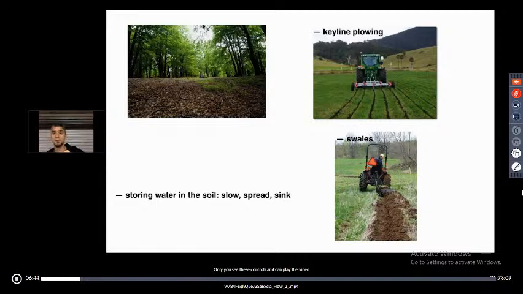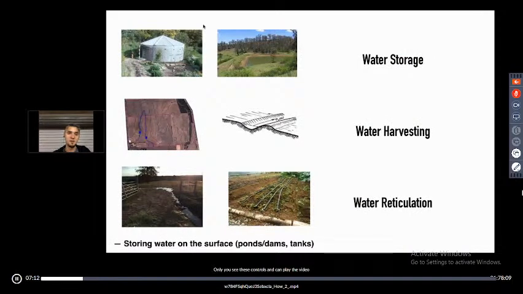On the image at the upper right, we can see the keyline plowing that distributes the water across, creating small furrows that move water from valleys to ridges, all with the goal of storing water in the soil, because the soil is the biggest storage that you can find on a farm. And then the second water management technique would be storing water.